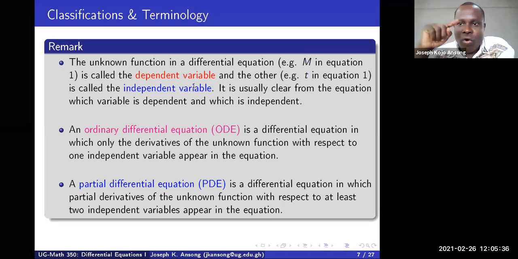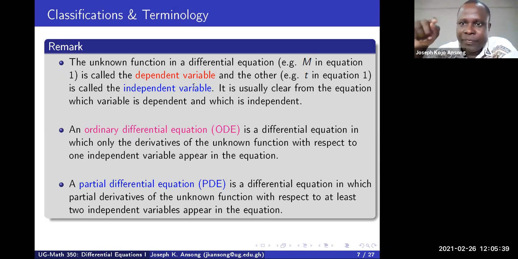So if I'm finding dy/dx, then the y there will be the dependent variable because it depends on how x is changing, right? If I'm finding dm/dt, then m is the dependent variable and t is the independent. So often from the equation, you can tell which one is dependent and which one is independent.